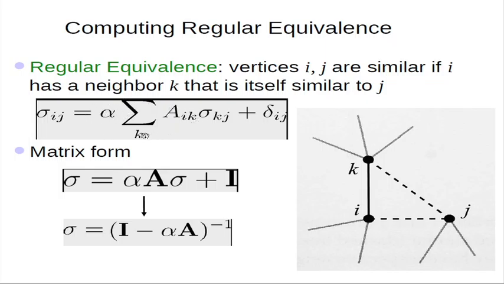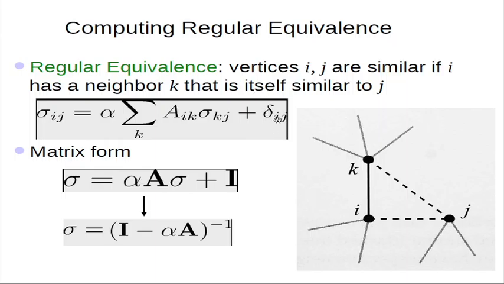So, you have alpha sigma over k of a_ik, which indicates whether i is a neighbor of k. So, you are looking at the adjacency matrix and seeing whether a_ik is equal to 1, that is i is a neighbor of k, into sigma kj, which is the extent of regular equivalence between k and j, that is hoped to be known, plus the initial regular equivalence between the node and itself, that is expressed by delta ij.